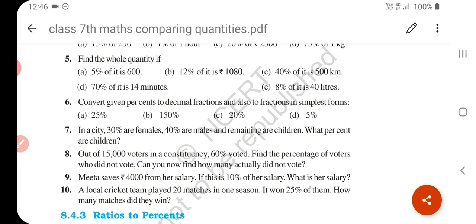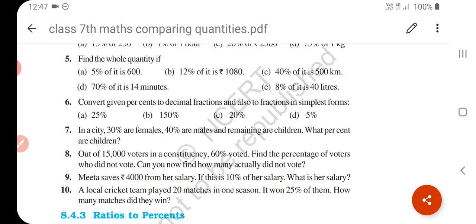Understand? Now question number 6 is convert given percent to decimal, fraction, and also to fraction in simplest form. So first of all you have to convert these percentages into decimal numbers, and then you have to convert the fraction into simplest form.